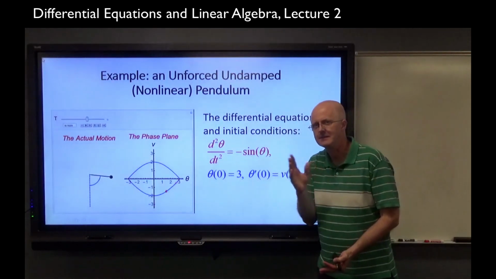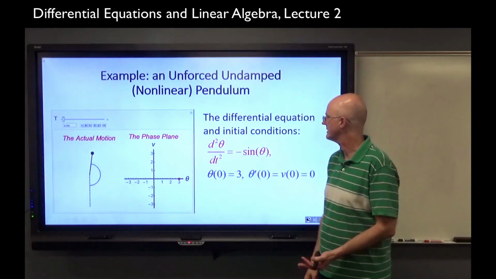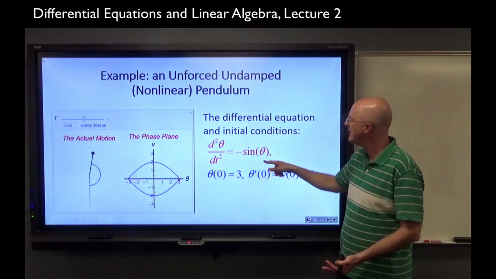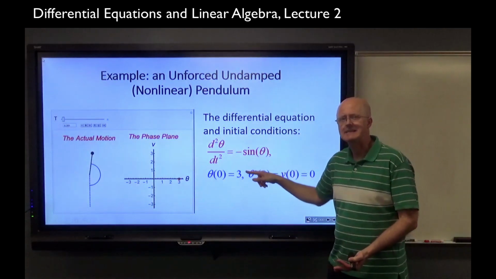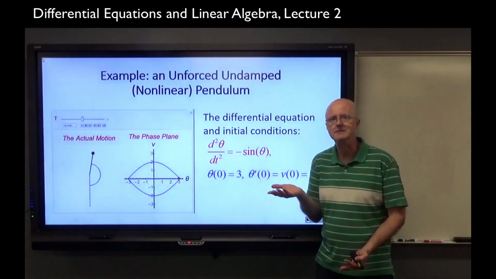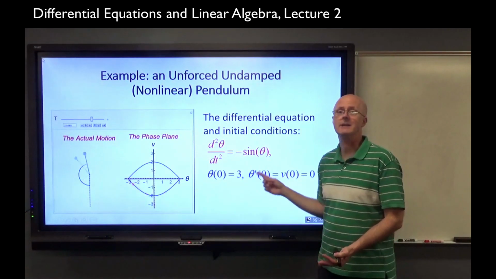We're not talking distance traveled per second squared, we're talking change in the angle per second squared, is negative sine theta. Now you know that sine theta is a positive quantity if theta is between 0 and pi radians. So because of the negative sign there, this is a negative quantity.